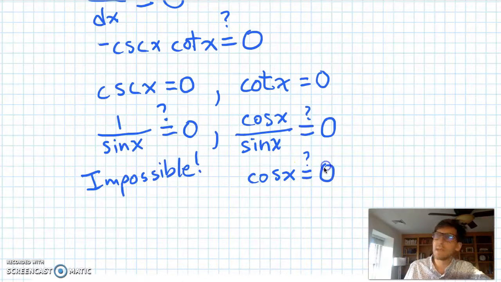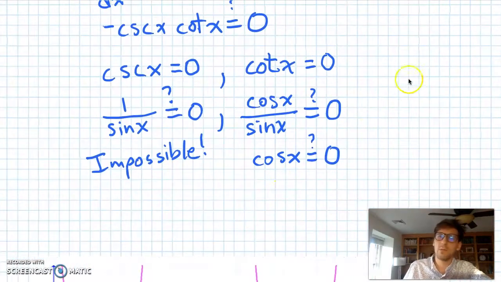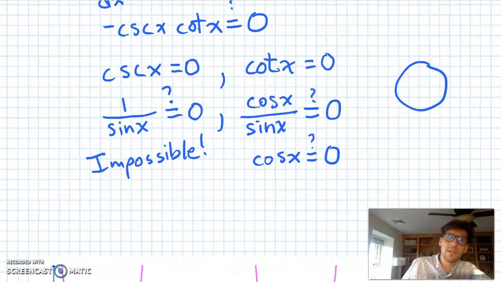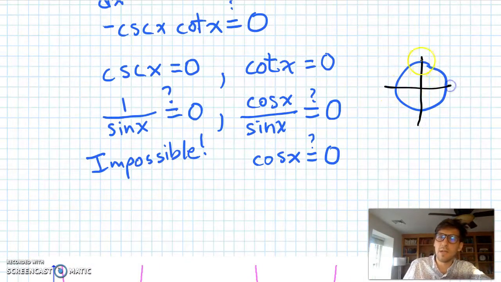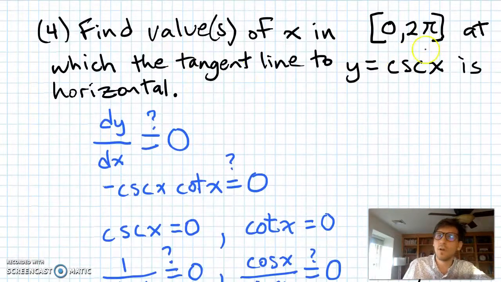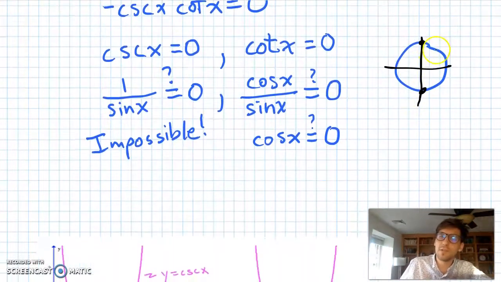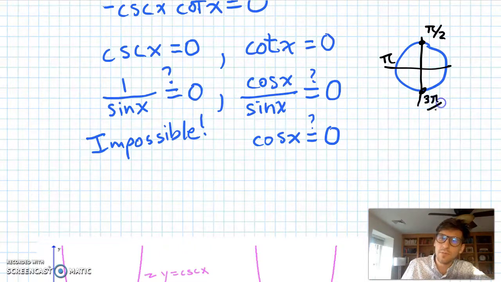If I think back to my unit circle, cosine is the x value, right? So it would be at the top and the bottom if we're just talking about that interval on 0 to 2 pi. So this is pi, this is pi over 2, this is 3 pi over 2, and then a full rotation would be 2 pi over 0.